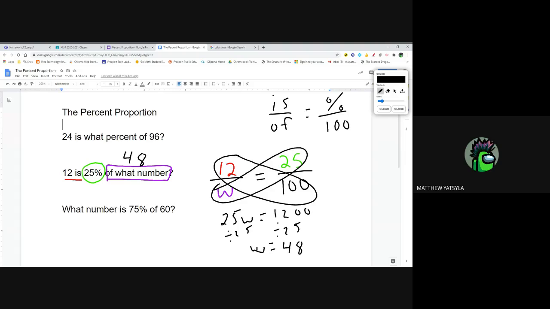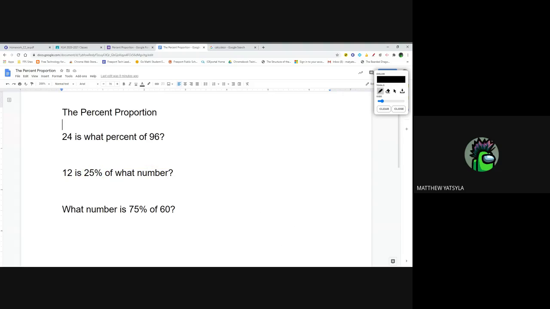All right, now the last one, we're going to do the same thing. Now, there are two ways of solving this one, obviously. Is over of equals percent over 100. They've given us our of, because of 60. Oops, sorry, wrong. That's going to be purple. Of 60. So here goes our of at the bottom.